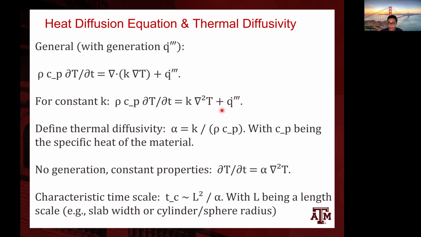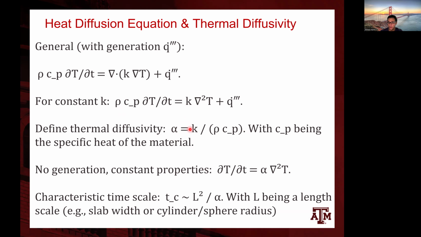If we lump the constant material properties together, the density, specific heat, and thermal conductivity, that gives us one parameter that's called the thermal diffusivity. So we can divide the equation, and we have just the thermal diffusivity, and that shows the similarity between heat conduction in a material and mass diffusion in a material.